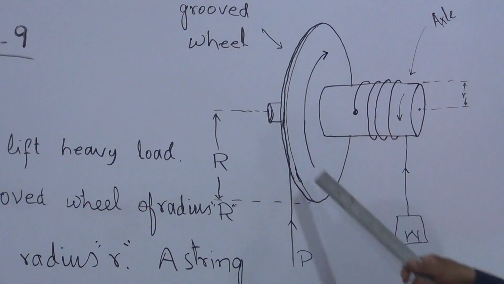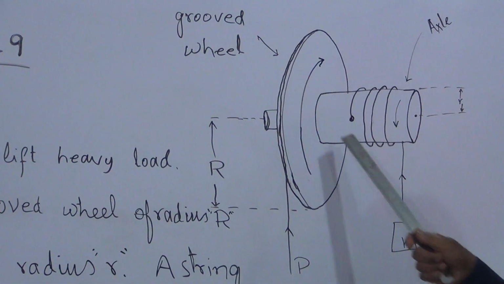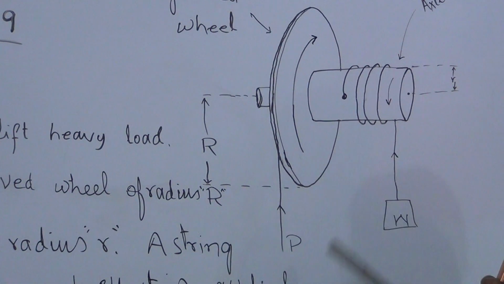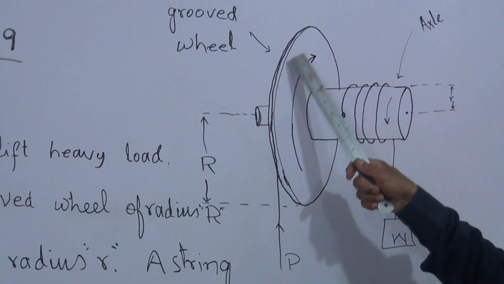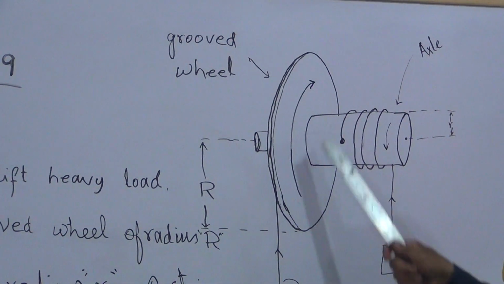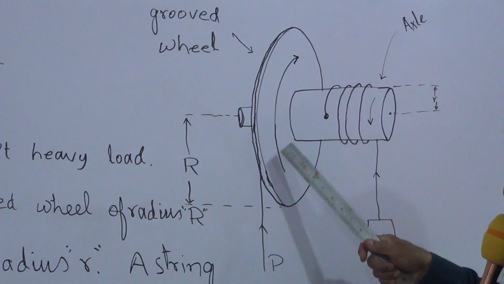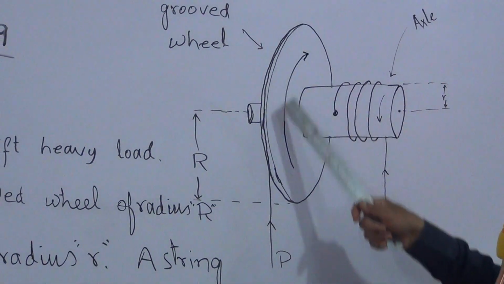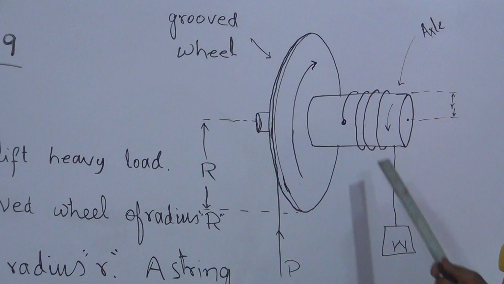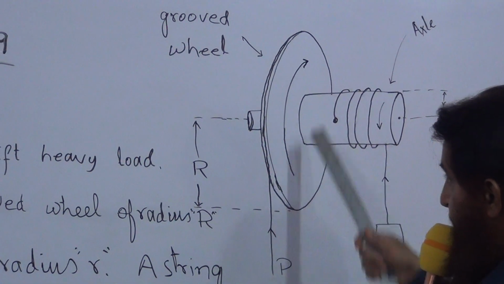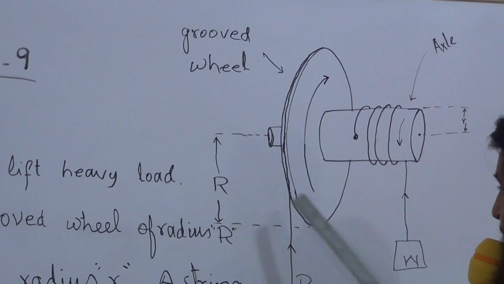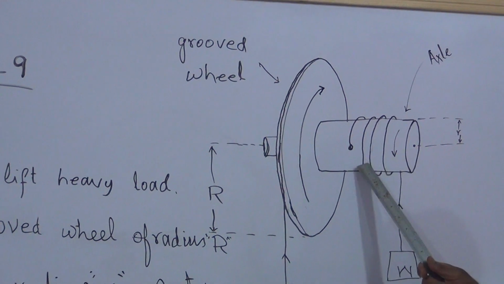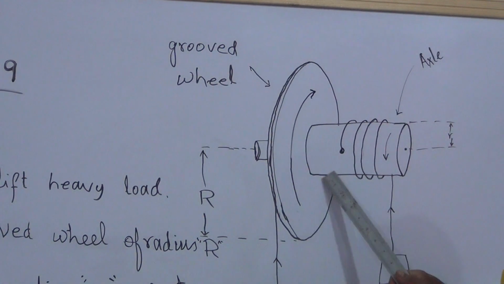So this one is the big wheel and this one is the axle. This is the groove in which a rope or string is passed over. So the radius of this wheel is capital R, and this one is the axle which is fixed in the wheel.